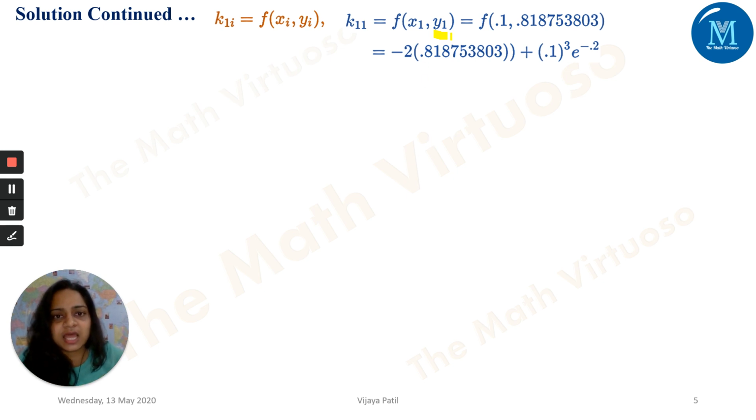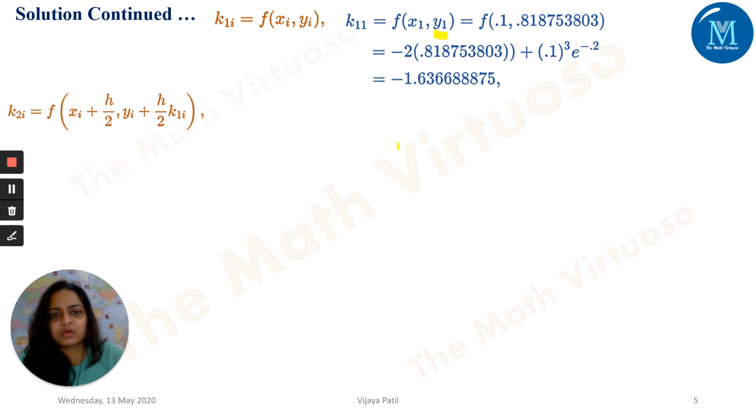This is what I have just calculated, f of 0.1 comma 0.818753803. We have put the values of x equals 0.1 and y equals 0.8187 and so on, and we have got the value of K11 as minus 1.636688875. K21 is on similar lines, calculated the same way.